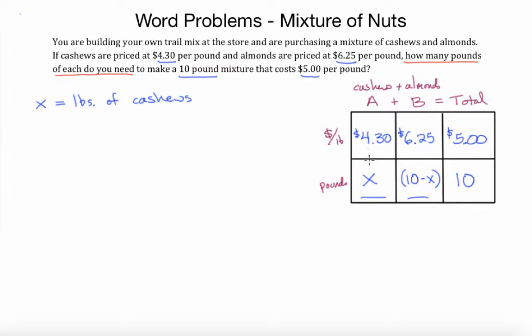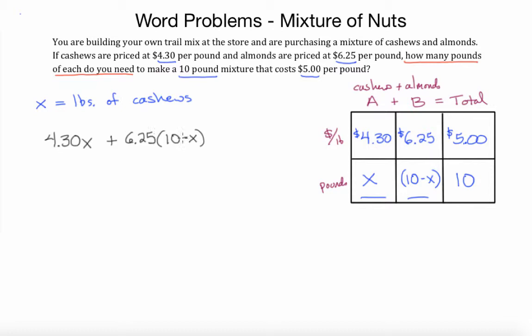All right, let's put our equation together now. We line up by column. We can see that x pounds of cashews, however many pounds of cashews I get, I'm going to pay $4.30 for each pound. So right there is an expression representing how much I paid for my cashews. I'm going to add to that, I bought 10 minus x pounds of almonds, and each pound of almonds costs $6.25.